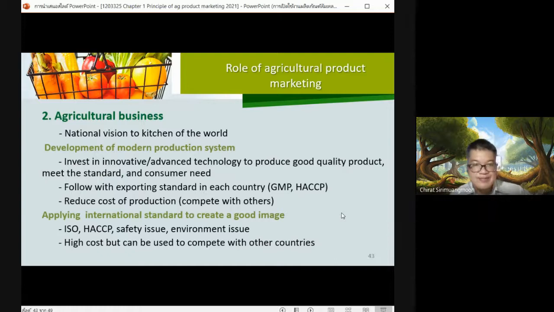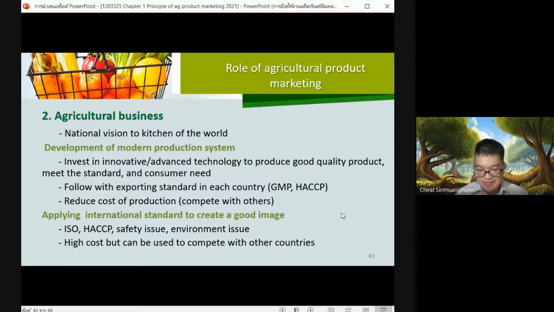And the second one, agricultural products marketing has a role in terms of agricultural business. Thailand has the vision to be the kitchen of the world, and we have good resources to be that. So we developed a new and modern production system.